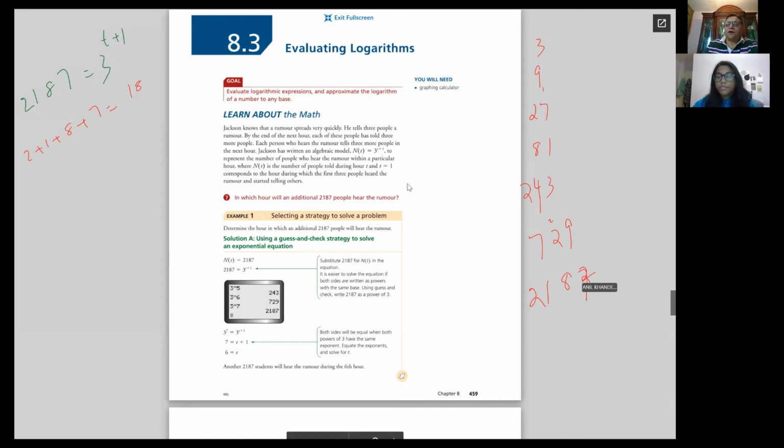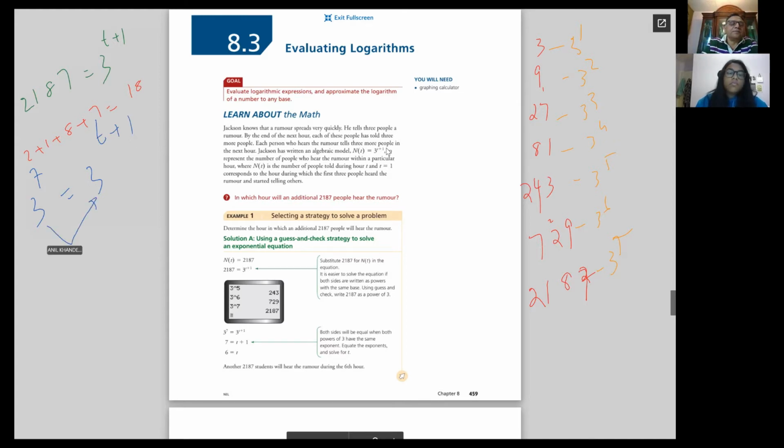So we get the power. Do you see that? This is to the power of 1, this is to the power of 2, this was to the power of 3, 4, 5, 6, and 3 to the power of 7. Is that clear? So we have 3 to the power of 7 equals 3 to the power of t plus 1. What do you notice? We have the same base.